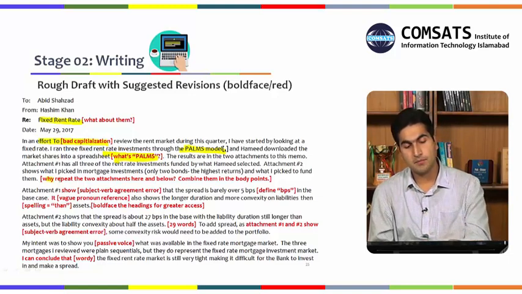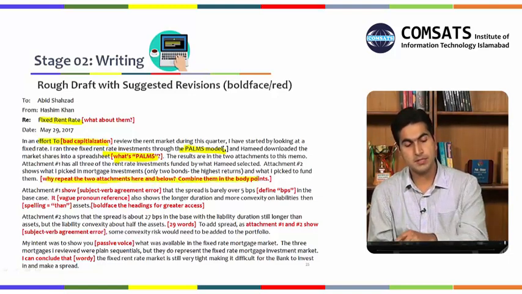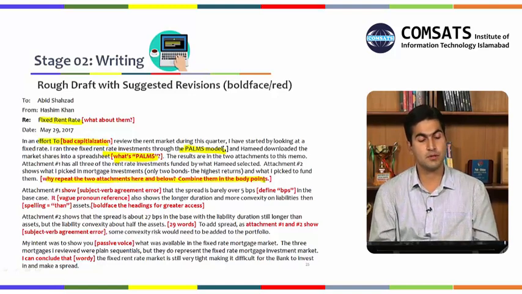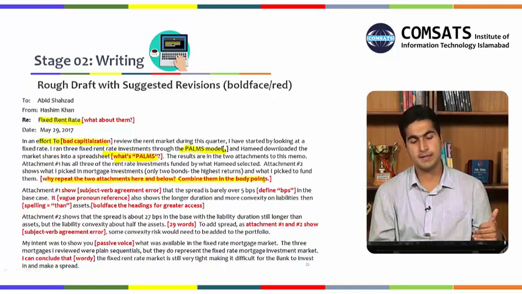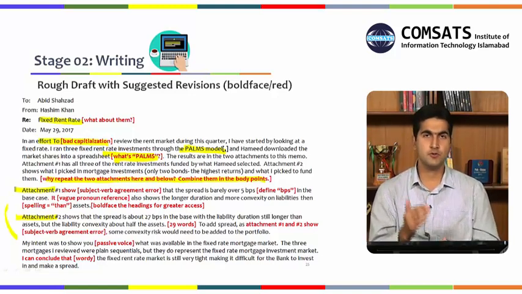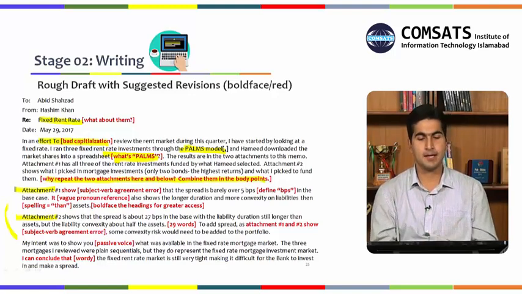So over here the question would be, why repeat the reference of these 2 attachments here, because a detail is also coming. If you just look to the next one, attachment 1 show, and then the detail, and then if you look at the paragraph which is coming over here, the detail of attachment 1 and 2 are here. Why this redundancy that we have talked about that we have to avoid? So why this reference of attachments again and again?